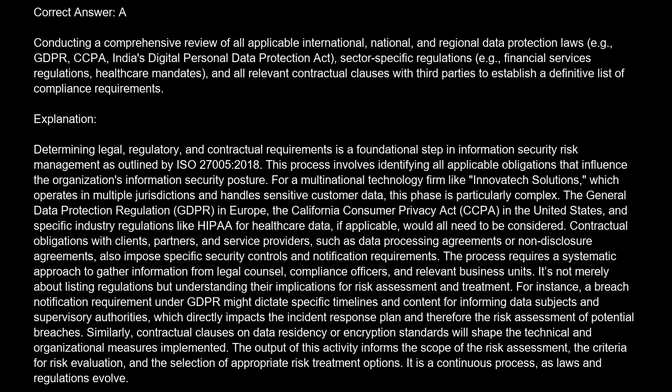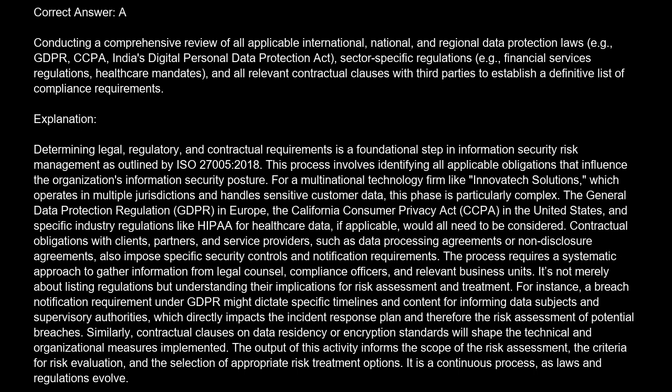For a multinational technology firm like Innovatech Solutions, which operates in multiple jurisdictions and handles sensitive customer data, this phase is particularly complex. The General Data Protection Regulation, GDPR, in Europe, the California Consumer Privacy Act, CCPA, in the United States, and specific industry regulations like HIPAA for healthcare data, if applicable, would all need to be considered.